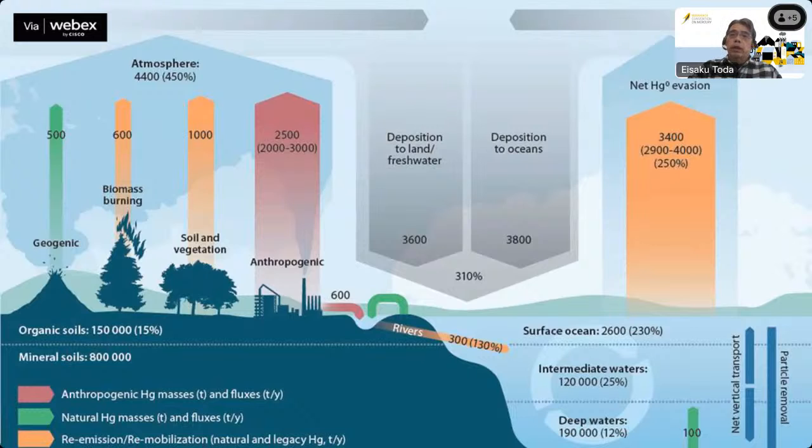But if the waste containing mercury is dumped to the environment, then it will be regarded as releases to land. So the exact amount is very difficult to estimate, but the Minamata Convention tries to control the whole life cycle and whole fate of mercury, including the emissions to air and releases to land and water.